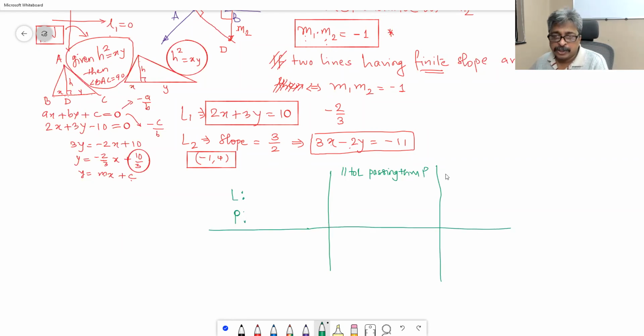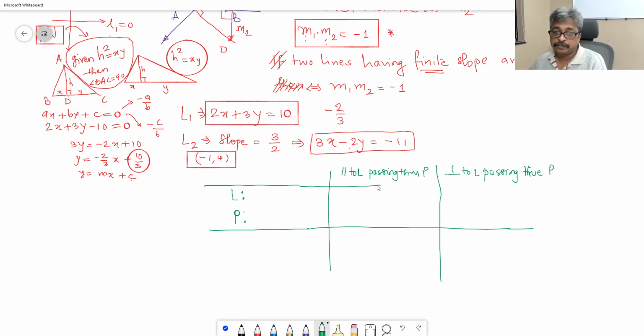And equation of line perpendicular to L passing through P.